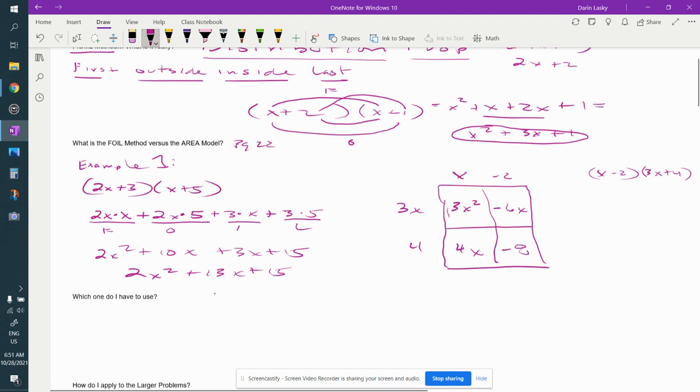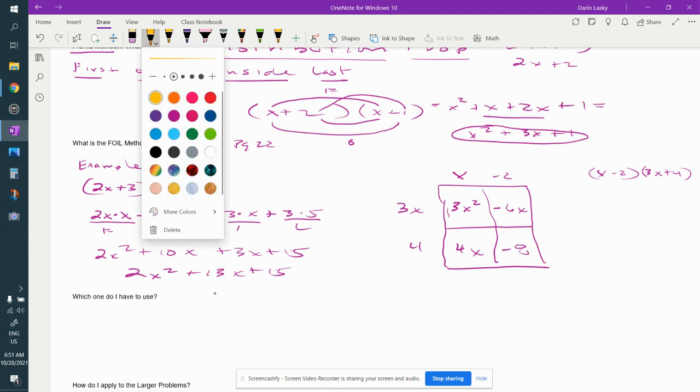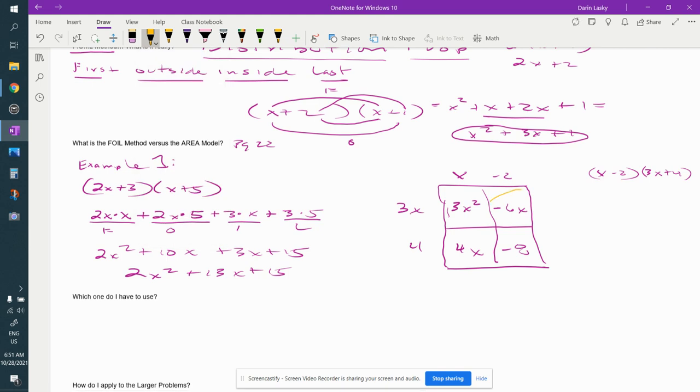Then if you notice here, I have two of the same corresponding variables, so we can combine those. So my answer is 3x squared minus 2x minus 8. And that is my answer when I use the distributive property.